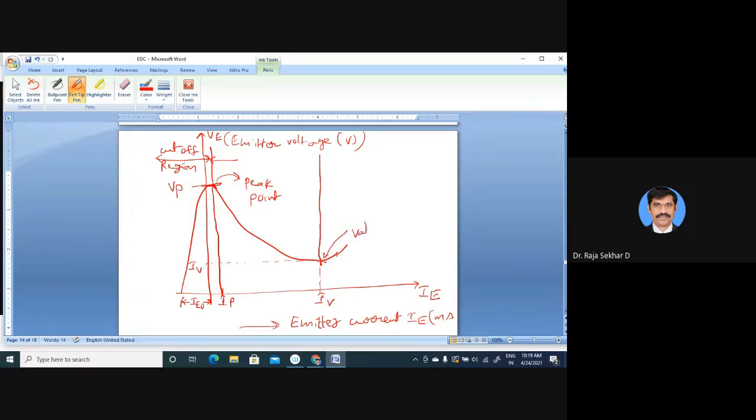This is called valley point. And this negative resistance region. And this one is called saturation region.